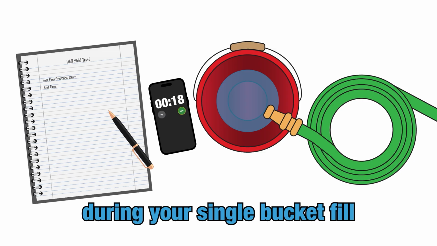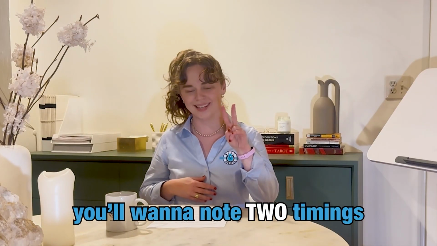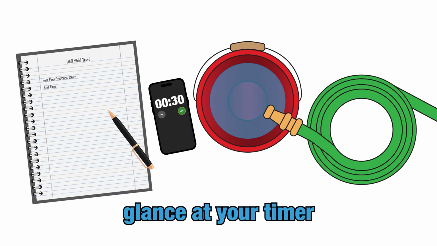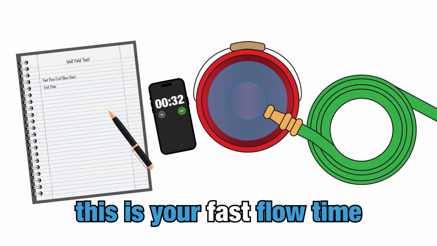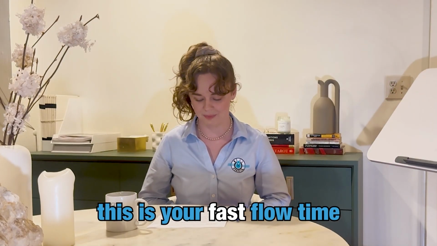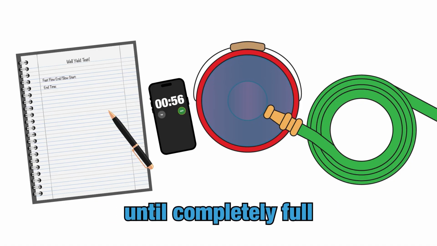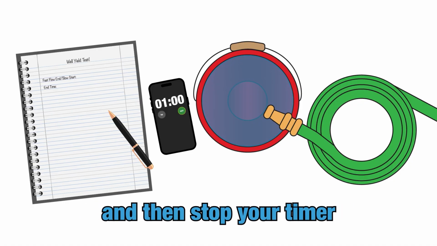Now, during your single bucket fill, you'll want to note 2 findings. When you notice the flow start to slow down, glance at your timer and write down the number. This is your fast flow time. For the second timing, keep filling the bucket until it is completely full, and then stop your timer.